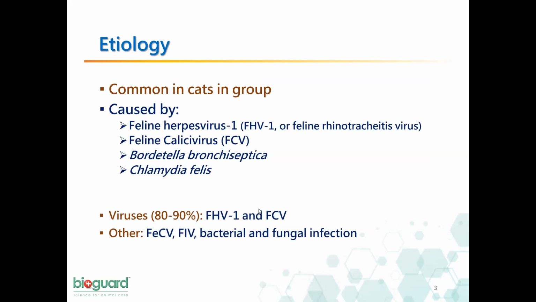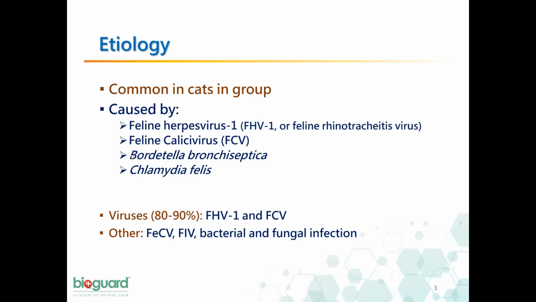Other than that, there are other factors such as bacterial and fungal infections, FeLV, FIV infections, etc., which also coexist with feline herpes virus and calicivirus. The most common causes for respiratory diseases, which cover 80 to 90%, are feline herpes virus 1 and feline calicivirus.